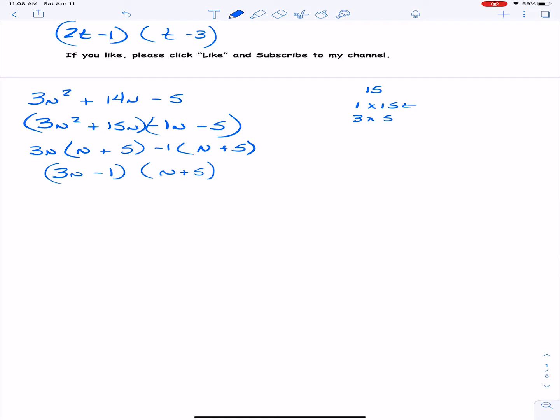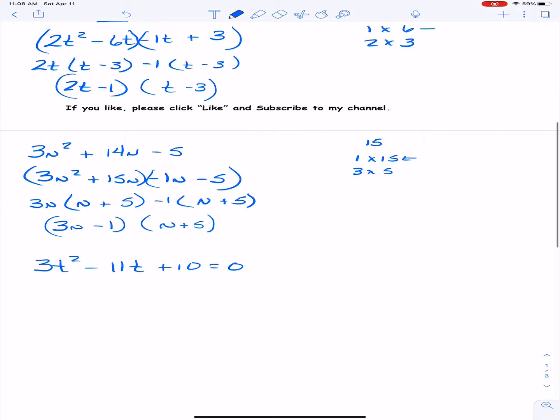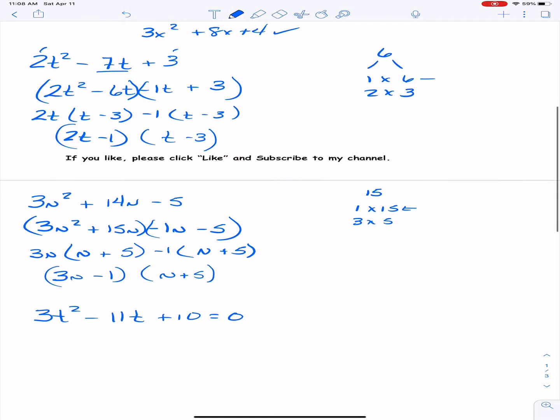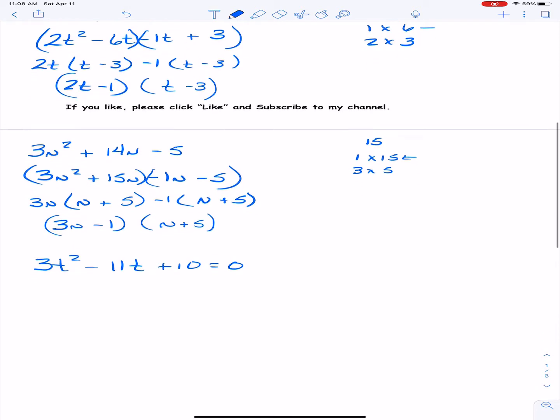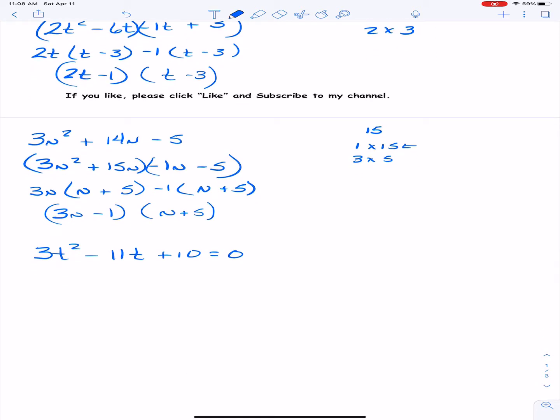Okay? So our very first one we're going to solve is 3t squared minus 11t plus 10 equals 0. How do I know that the first problems we just did up here, I don't have to solve them, I'm just factoring them? And how do I know that this one I have to solve?